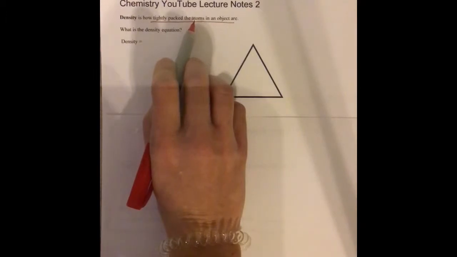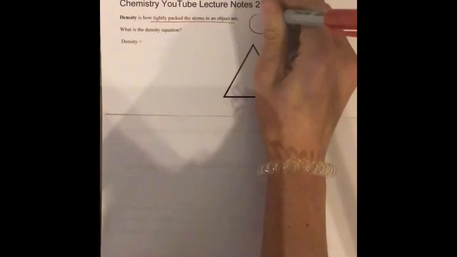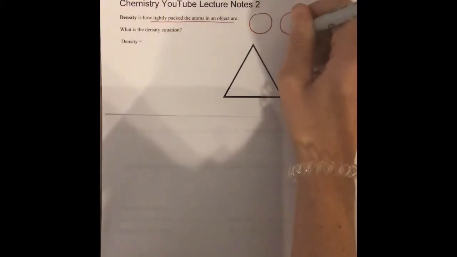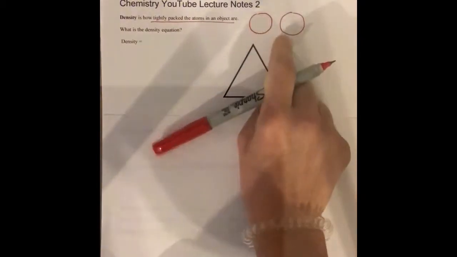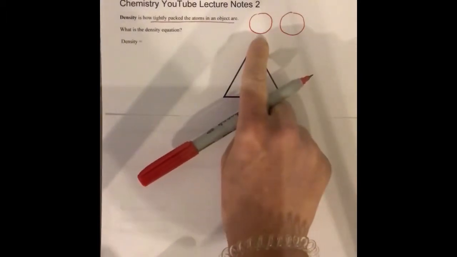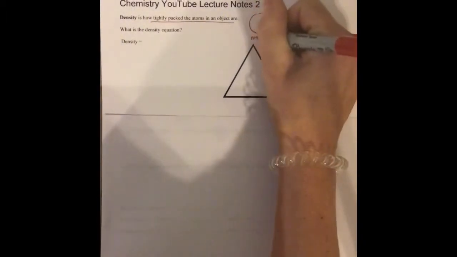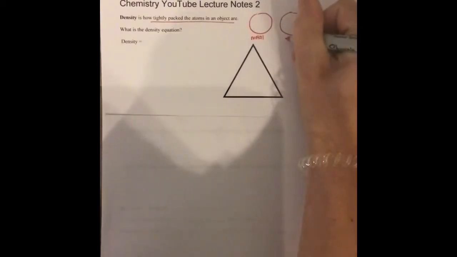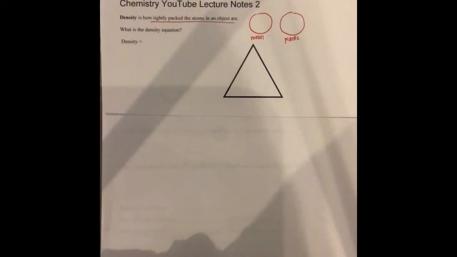So we need to think about the atoms. Let's zoom in on two balls. Okay? Let's say this first ball is made of metal, and the second ball is made of plastic.